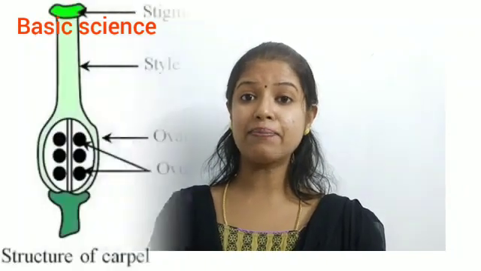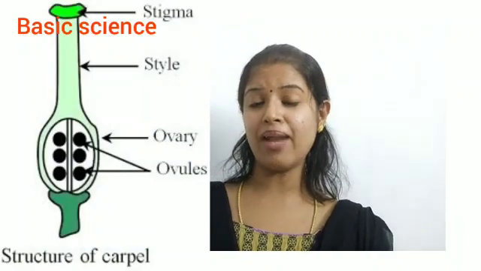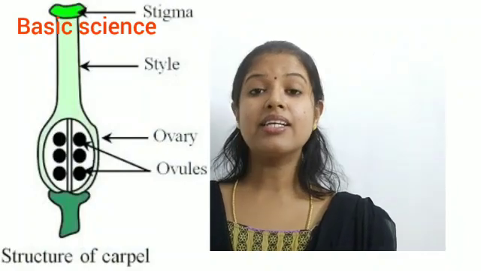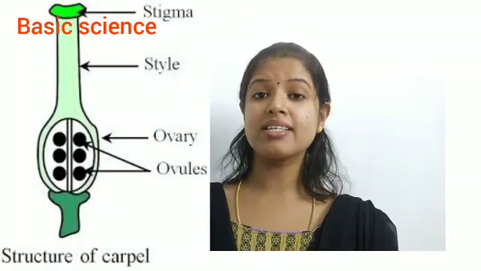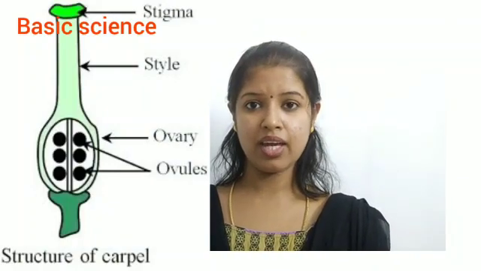This is because the carpel is the female part of the plant. Carpel, the other name is gynoecium. It consists of style, stigma and ovary. In some flowers there will be many carpels, so that they all fuse together and form a fruit.